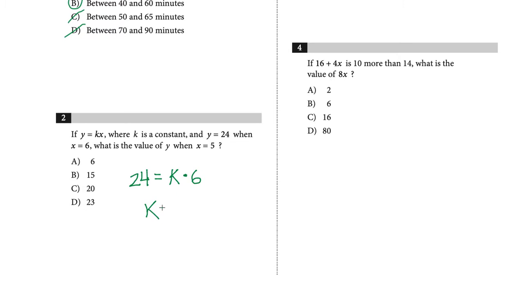Therefore, k is equal to 4. So my new equation is y is equal to 4x. Then it's asking, what is the value of y when x is 5? So I re-plug in 5, and I get 20. There's the answer. 5 times 4 is 20.